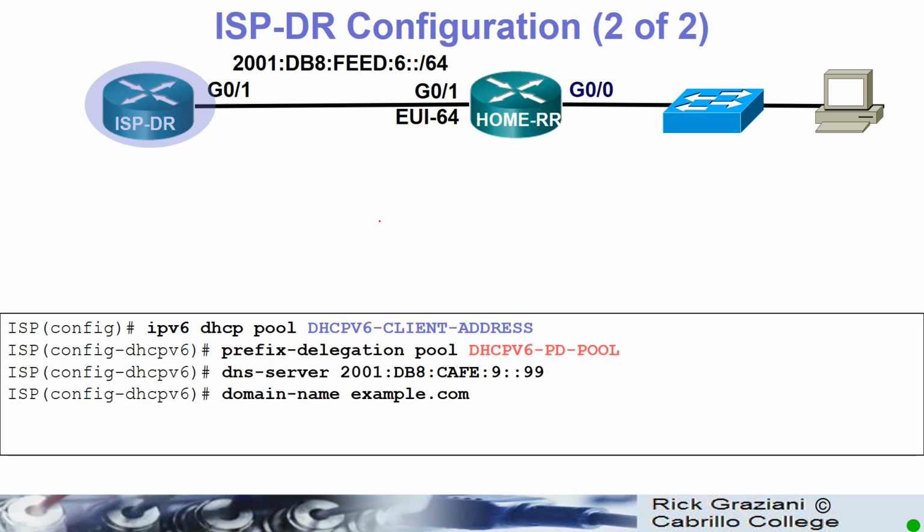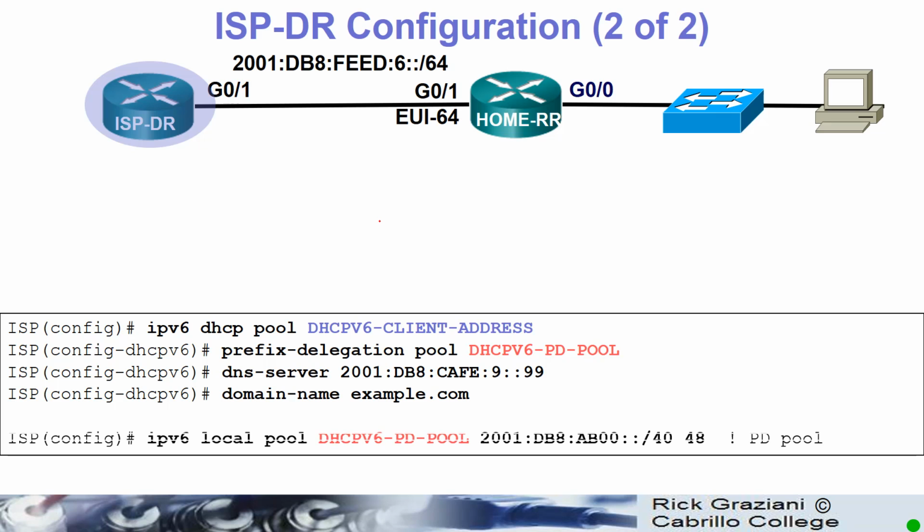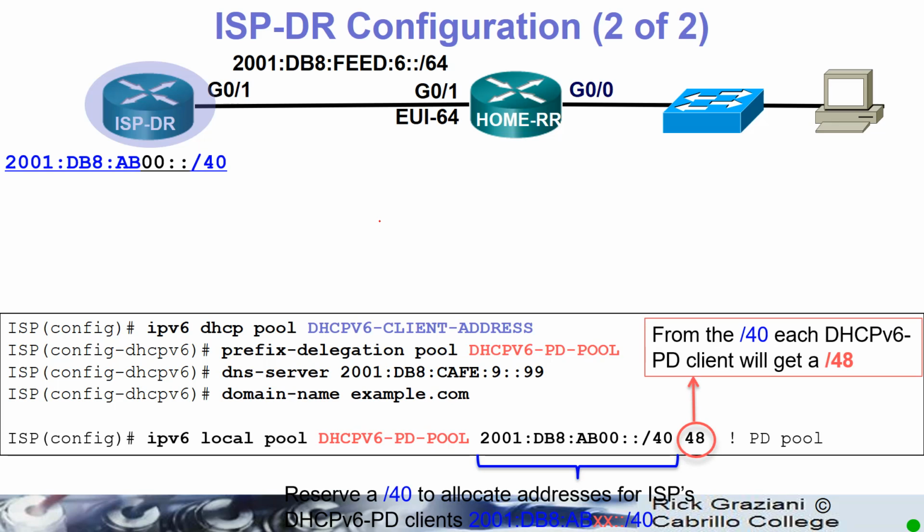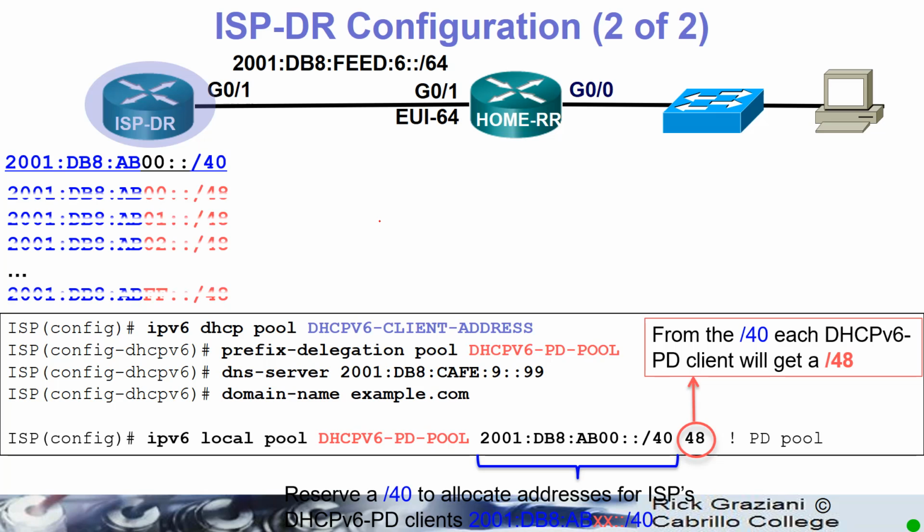Here's going to be again the DHCP pool section, and again the local pool section. You're going to reserve a /40 to allocate the addresses for the ISP so that the DHCP client will be able to use them. From the /40, each DHCP client will get a /48.